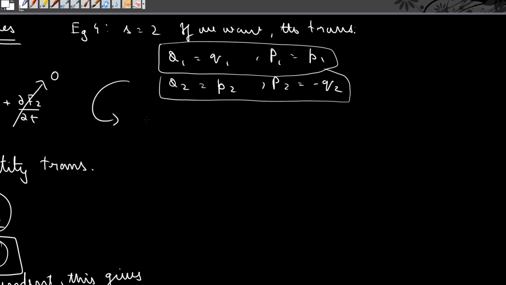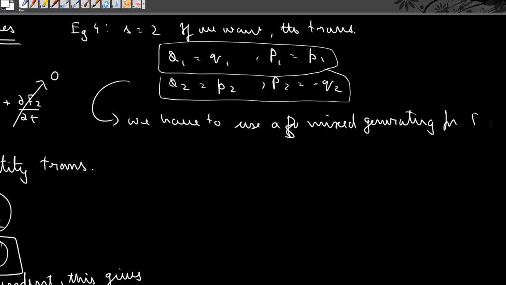So to get this, we have to use a mixed generating function, which I am going to call f dash. Our f dash should be defined as Q1 P1 plus Q2 P2. Sorry, this is Q1 P1 and Q2 Q2.